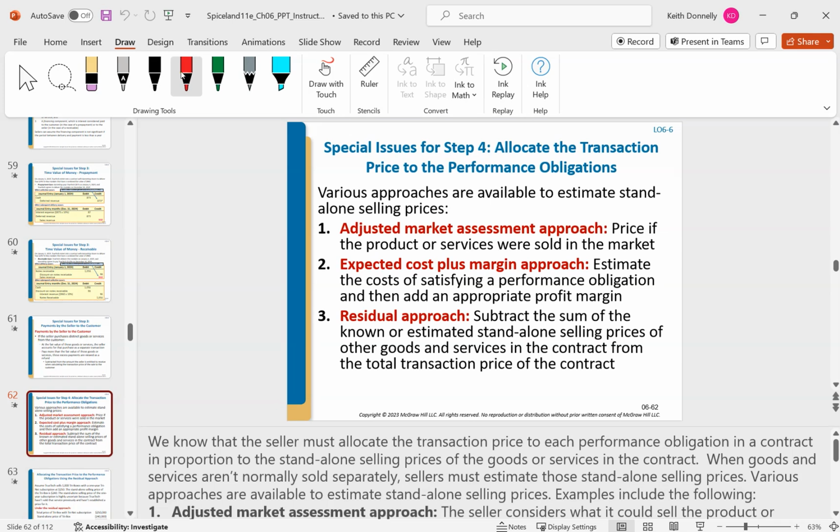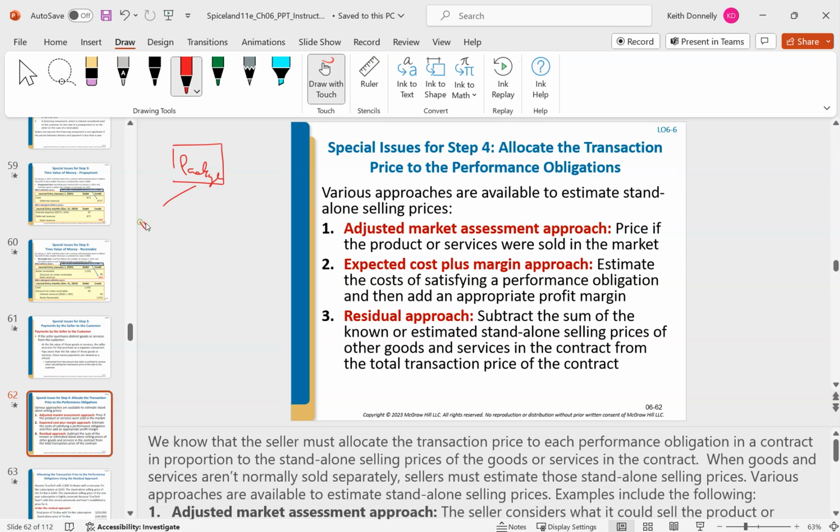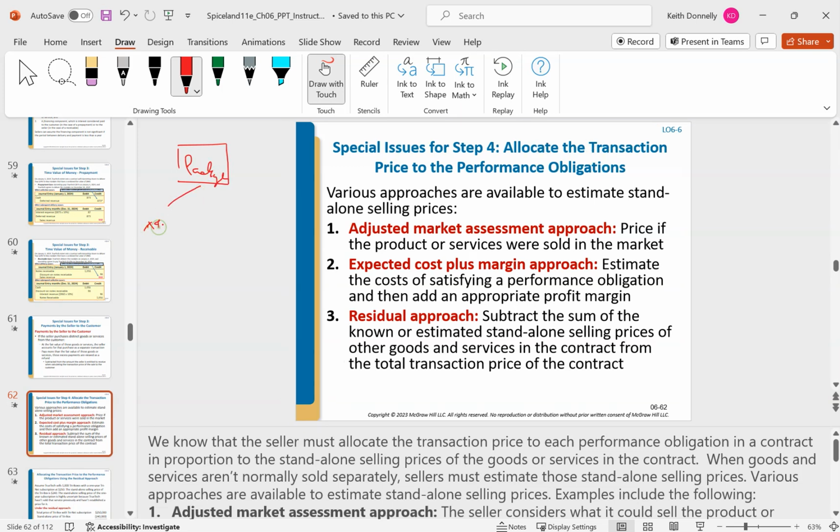If you remember from the previous video, we looked at a situation where there was a package deal, right? There was the Xbox and the Xbox Live. We had the total cost of like $250, and then we had to allocate that price based off of what we were giving.